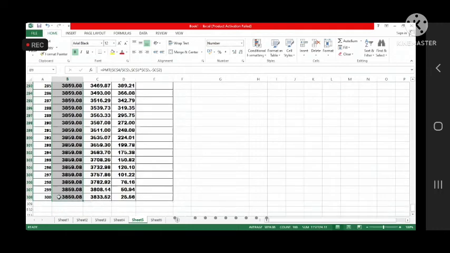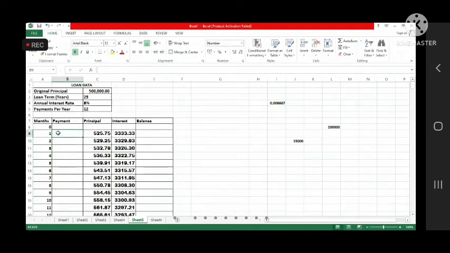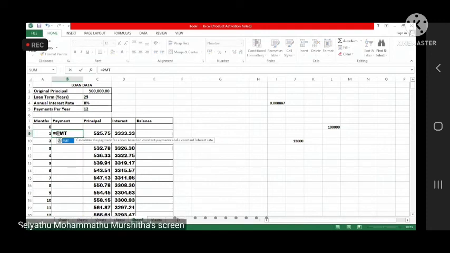Now I am deleting this one and calculating the payment again. Now we have to calculate the payment: equal PMT. For the payment, PMT. For the principal payment, PPMT. For the interest, IPMT. Now I am calculating the payment.